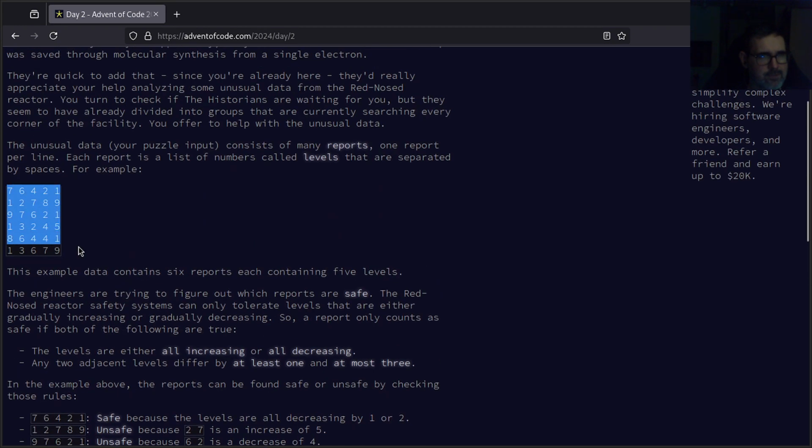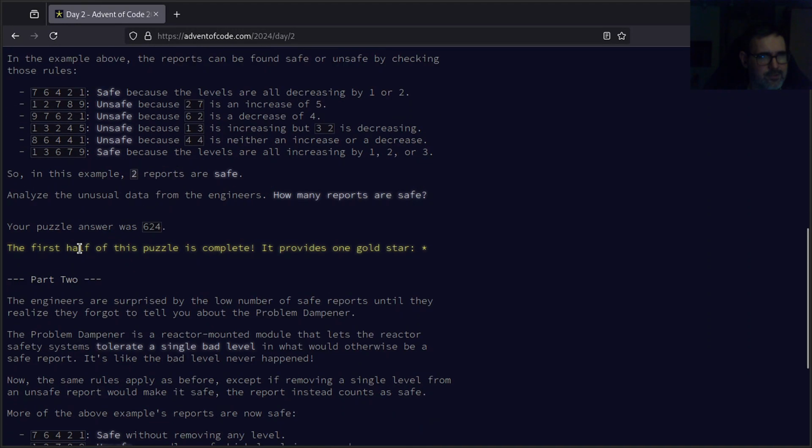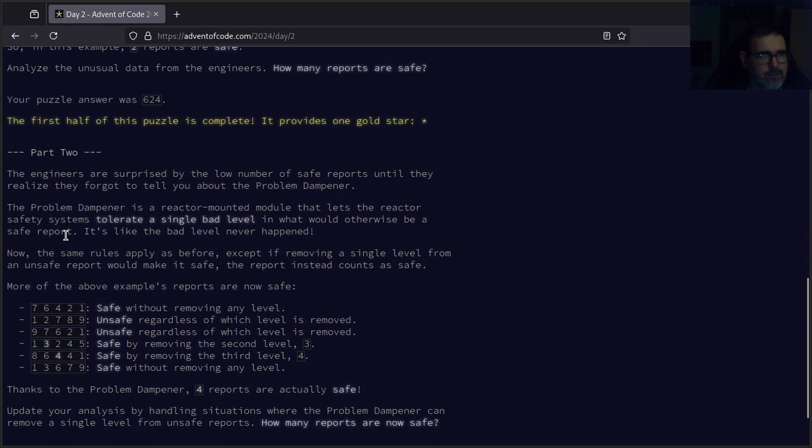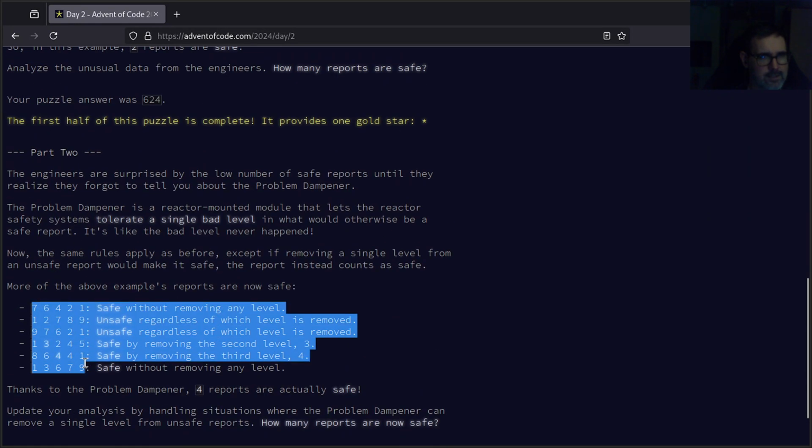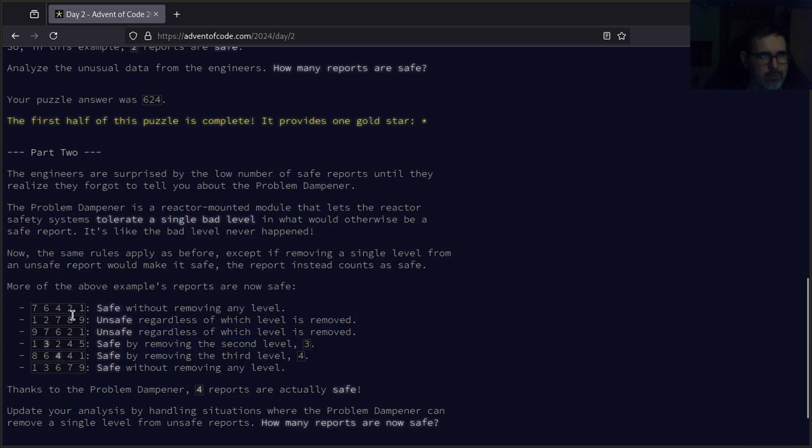So this one was fairly straightforward, but part two gives you the same list, and you're allowed to throw out one of the numbers if throwing out that number makes all the other numbers satisfy the conditions.